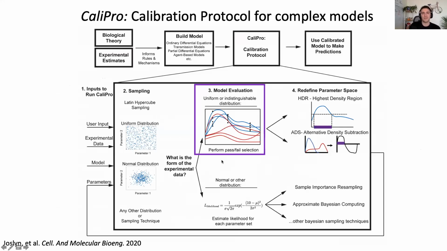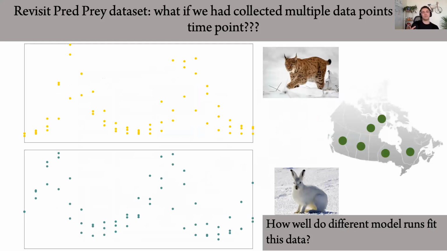So this next step is the true model evaluation step. We've already run the model. We're going to look at our model outcomes, compare them to the experimental data, and perform what we call pass-fail selection. As an example of these data sets, let's revisit the predator-prey data set that I originally talked about from the Hudson Bay Company. What if instead of collecting from one location in Canada, we collected data points from multiple locations at the same time throughout Canada?